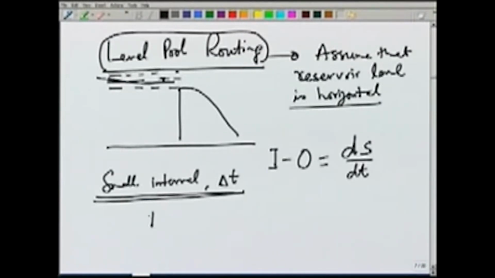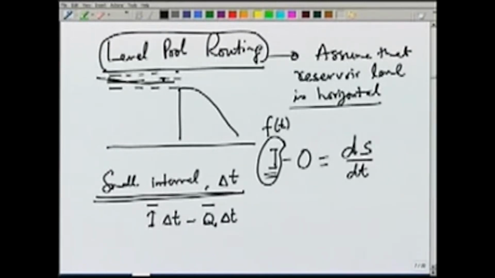The inflow which comes in can be written as some average inflow, because I changes with time, and therefore, during the finite time interval of delta t, we can write some I bar as the average inflow minus, similarly we can write some average outflow, and now let us use the symbol Q for the outflow.